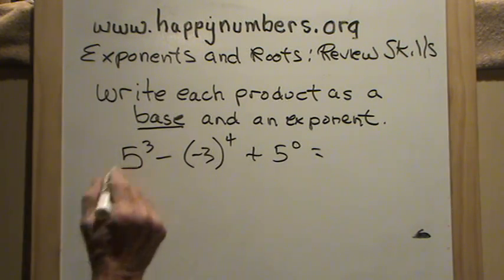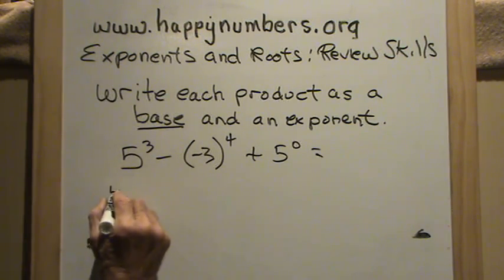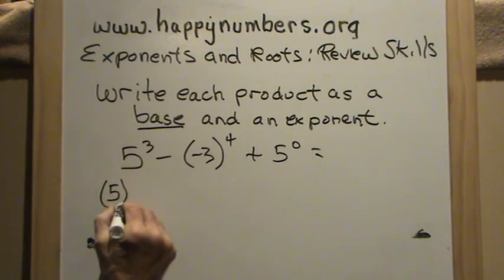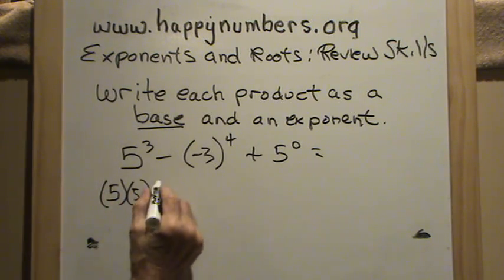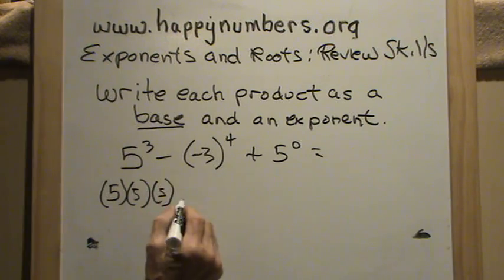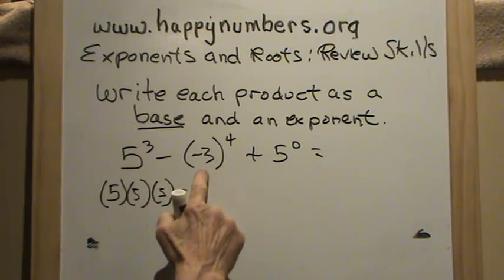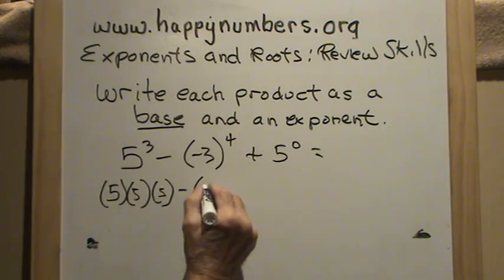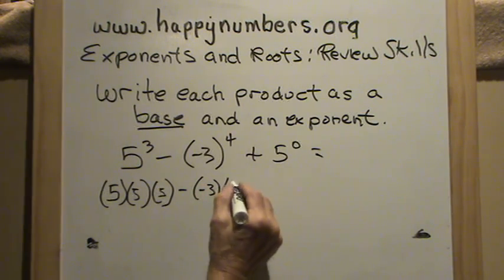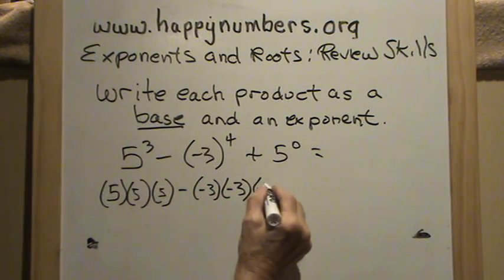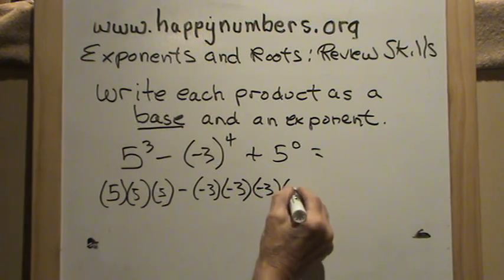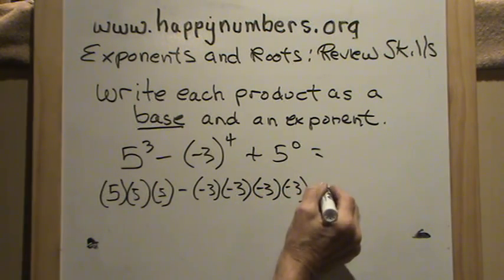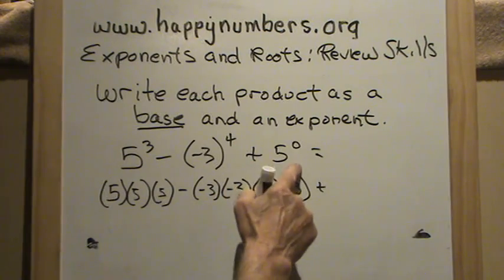Okay, 5 to the third power is 5 times 5 times 5 minus, negative 3 to the fourth power is negative 3 times negative 3 times negative 3 times negative 3 plus 5 to the 0 power.